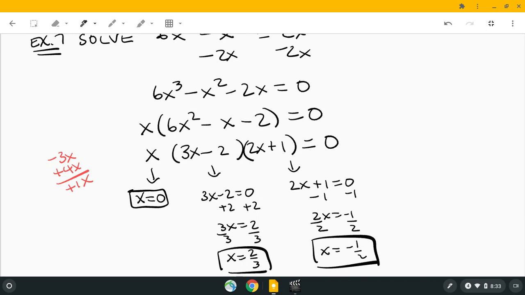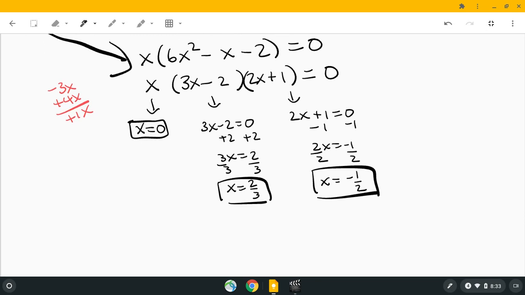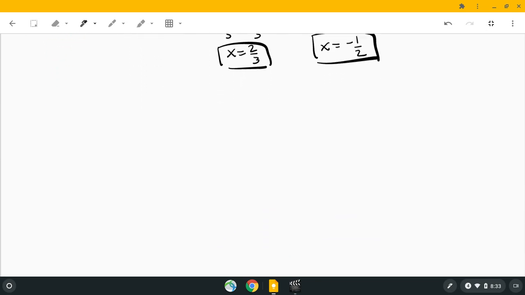Okay, so negative 1/2, if you can't tell. Okay, so you have 3 answers here, 0, 2/3, and negative 1/2. So that's why I have this one here, because too many times people forget that. Don't forget that x, okay? All right, and then let's do this one here.